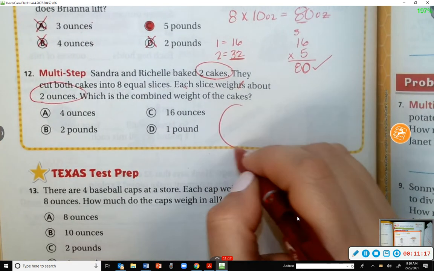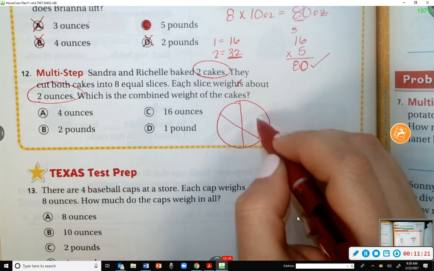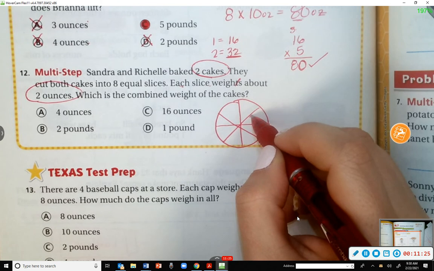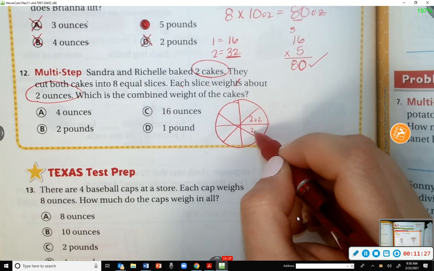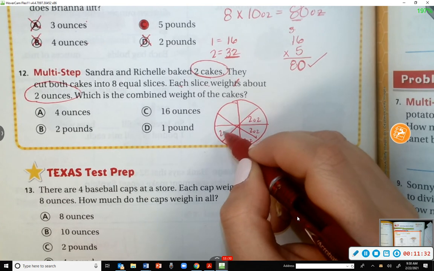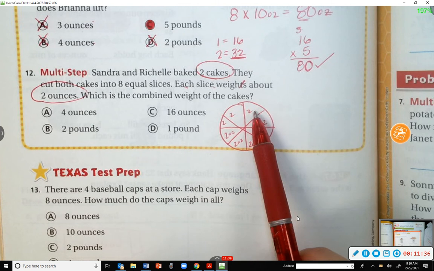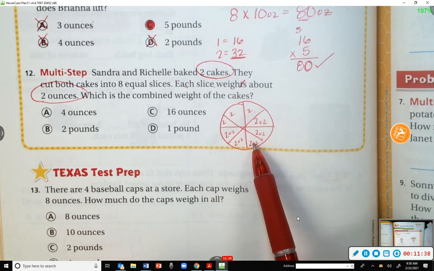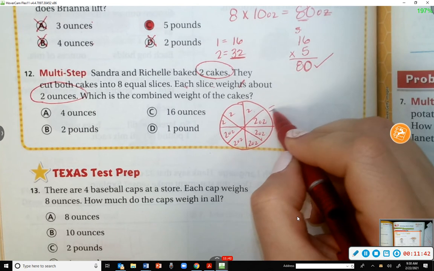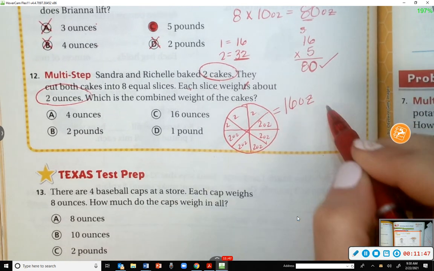Okay, so here's 1 cake. And if I cut it into 8 slices, each one of these is going to be 2 ounces. Okay, so that's 2, 4, 6, 8, 10, 12, 14, 16. So 1 cake equals 16 ounces.